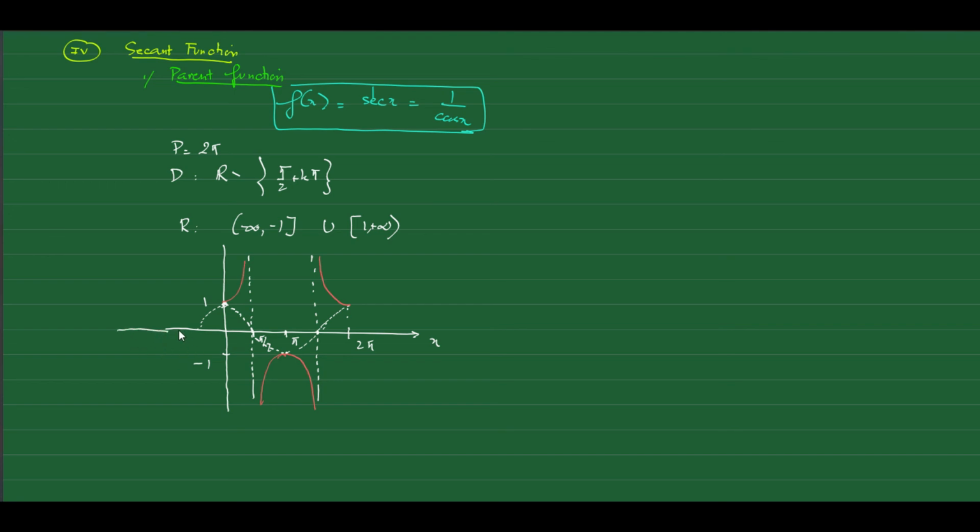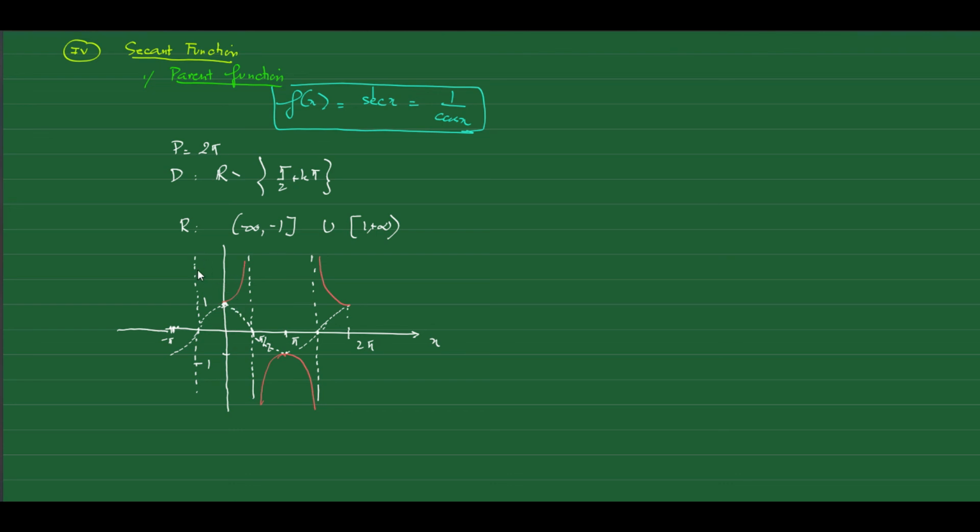So we're gonna have one right here, at negative pi. So there's another piece right over here. You see that?